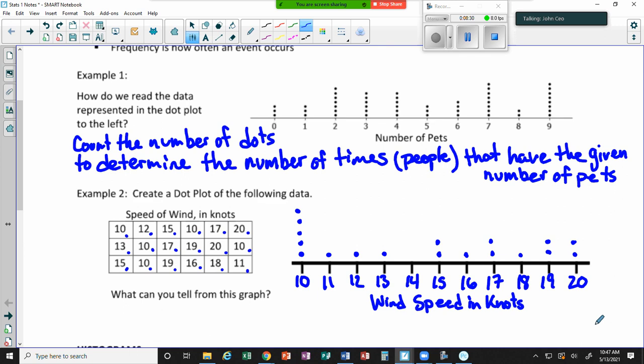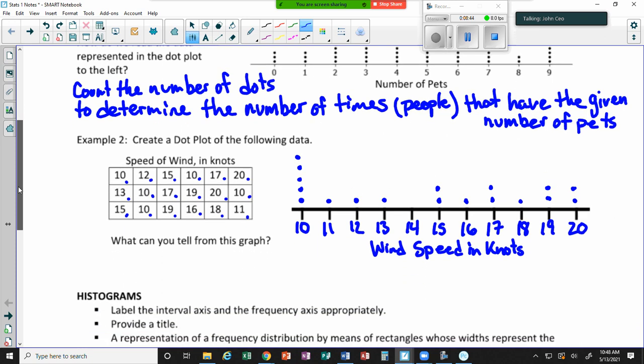Okay, those are all good observations that you can make out of this. Like I said, later we're going to talk about how you find the average wind speed given the data, how you find the median wind speed, things like that.